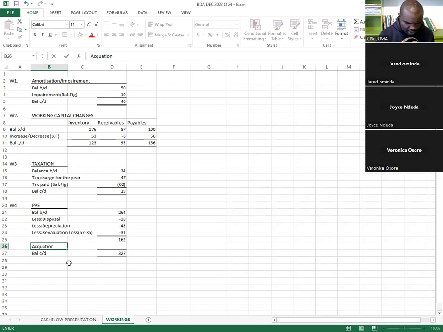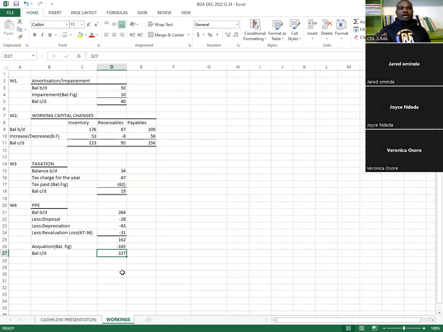The balancing figure here represents acquisition. When you acquire, cash is going out, so it's negative cash flow. So 327 minus 162 is 165. That acquisition is what we are not being given.